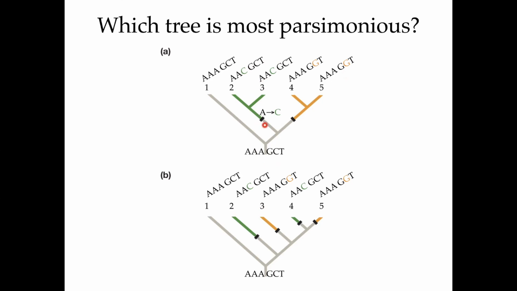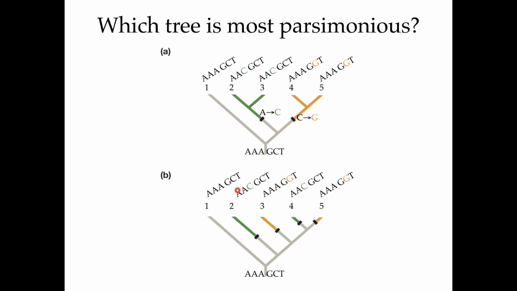3A? Well, everyone was the same until this third A, adenine, actually changed to a cytosine here. And so sequence 2 and 3 were grouped together because they were the only two that have that, until another change appeared here, the C that changed to a G, which grouped 4 and 5.